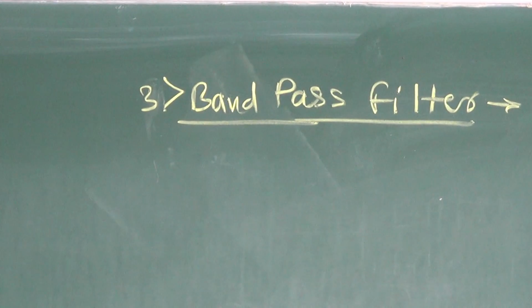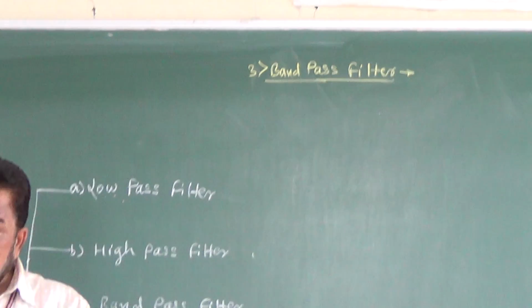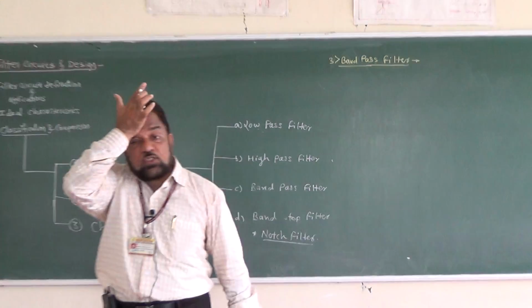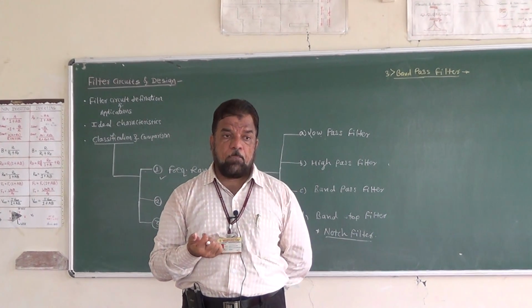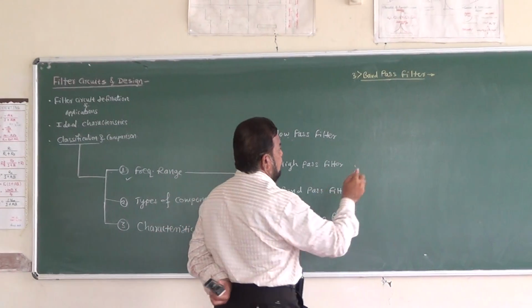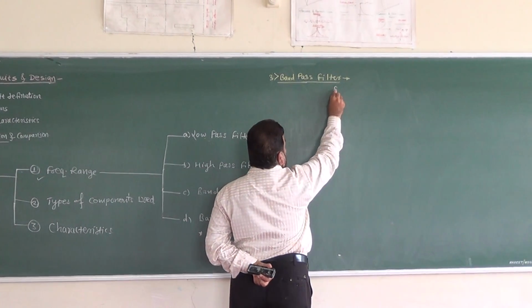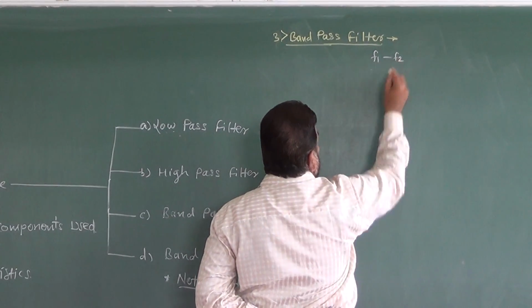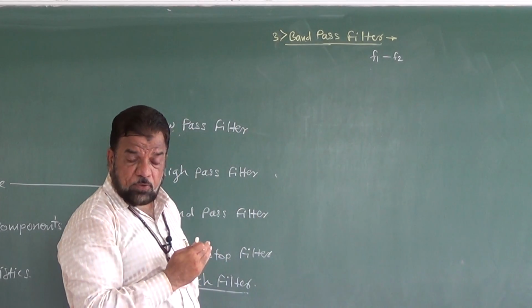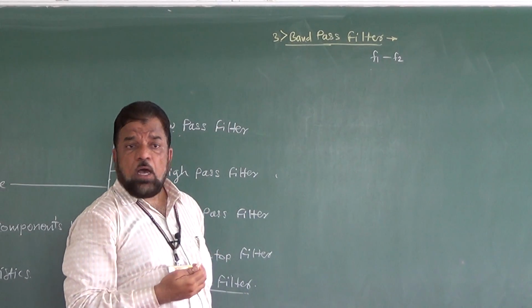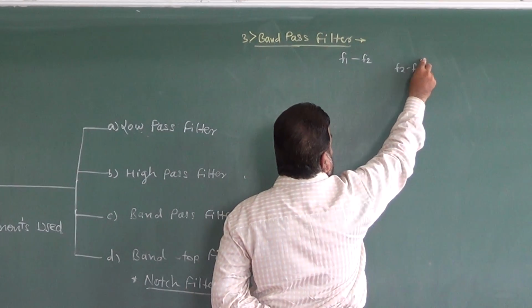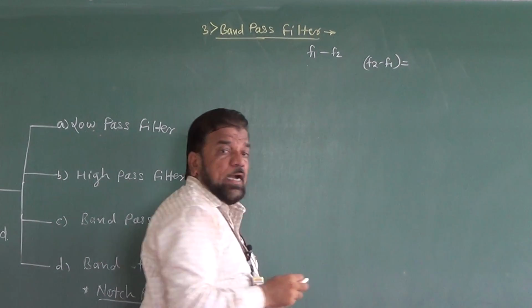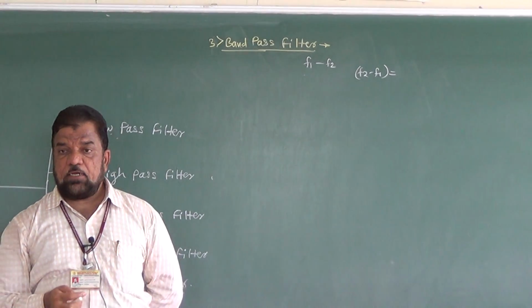To define this filter once again, it is an electrical circuit which transmits some desired frequency range. If I call that desired frequency range F1 to F2, F1 is the lower frequency, F2 is the upper frequency, then F2 minus F1 is the desired band which is to be transmitted.